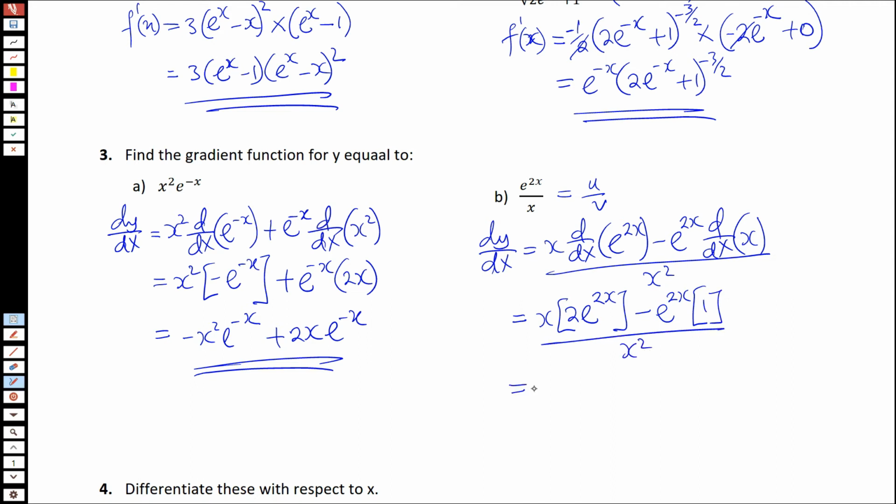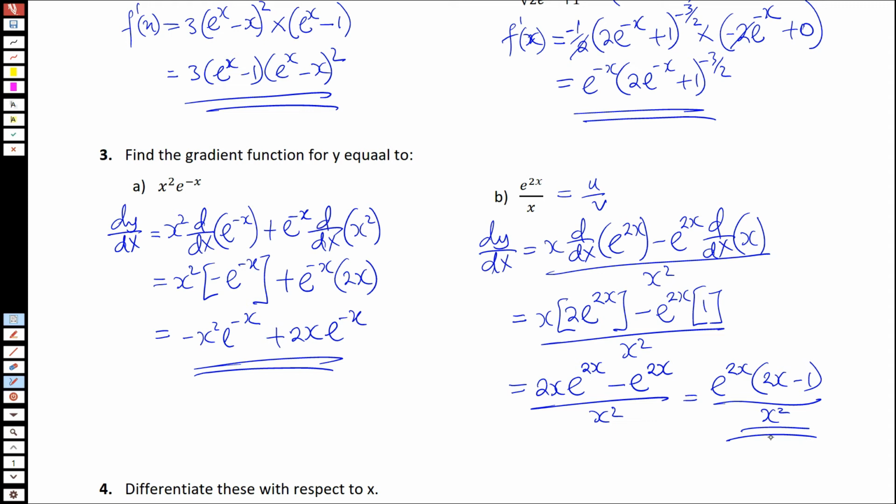And we can simplify this further. So this will be 2x e to power 2x minus e to power 2x, all this over x squared. You can factorize out e to power 2x. So you'll have 2x minus 1, all this over x squared.